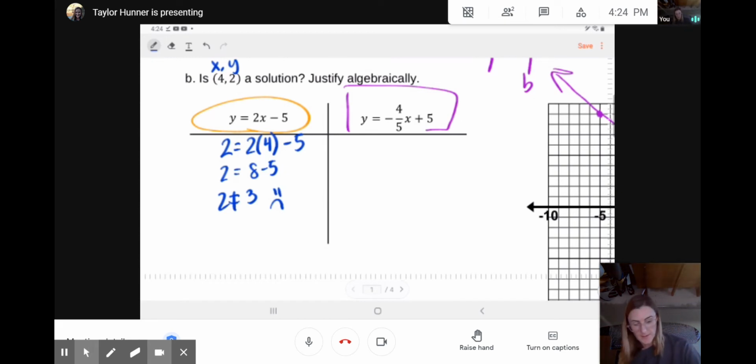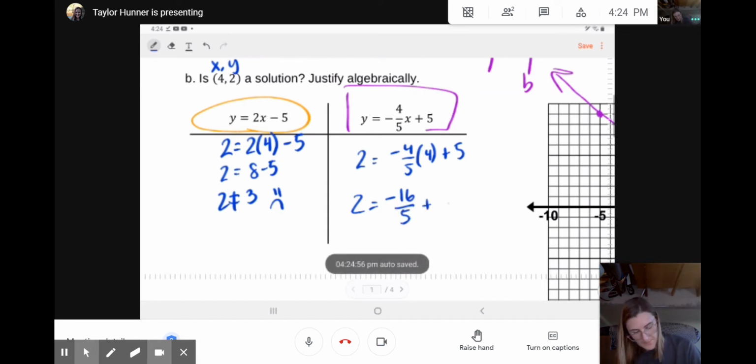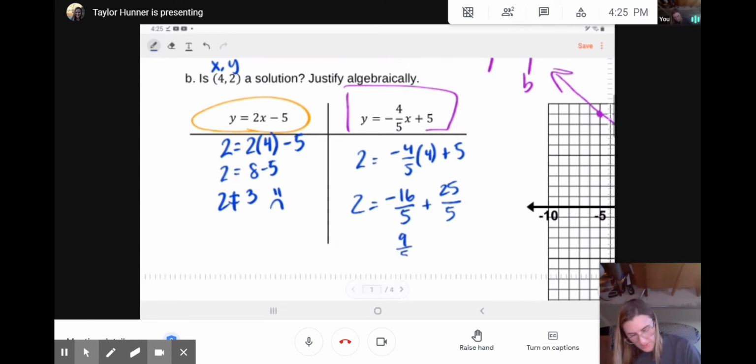Let's see if it's on the purple line. I'm going to plug in 2 for y, and I'm going to plug in 4 for x. Well, 2 is equal to -16 over 5 plus 5. I'm going to make the 5 into 25 over 5. -16 plus 25 is 9 over 5.